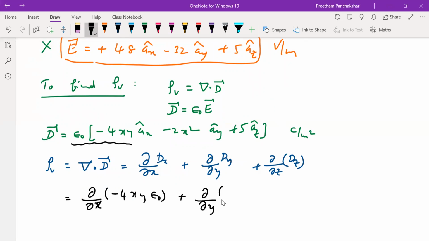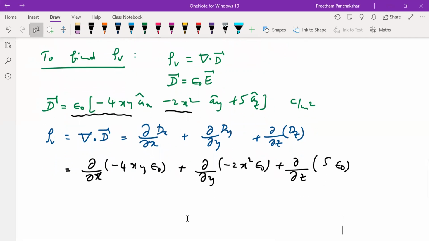Similarly, dou by dou y of y component, that is minus 2x square epsilon naught. Differentiate with z, that is 5 epsilon naught. A simple differentiation here.